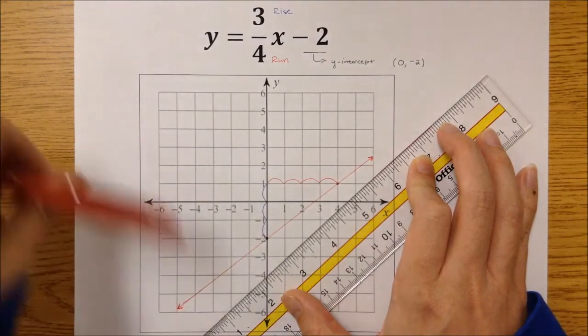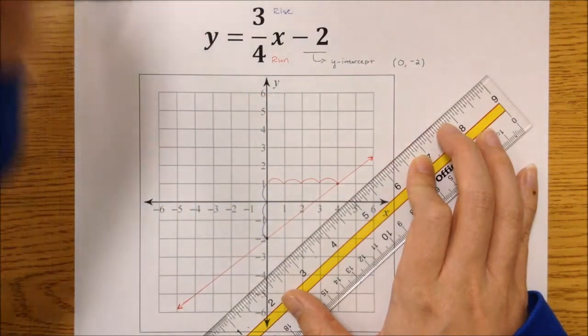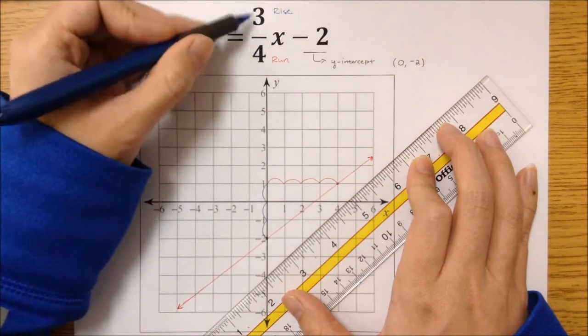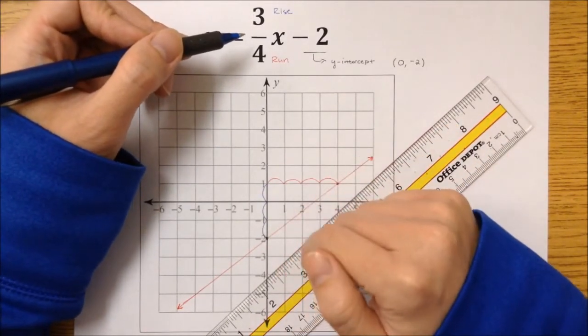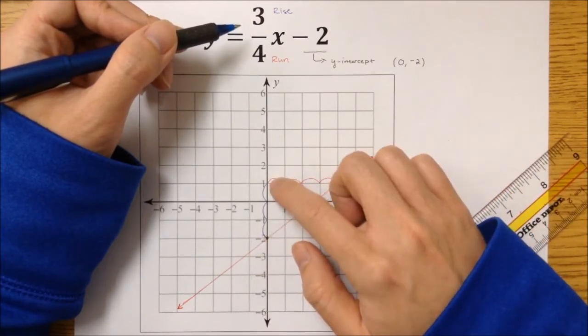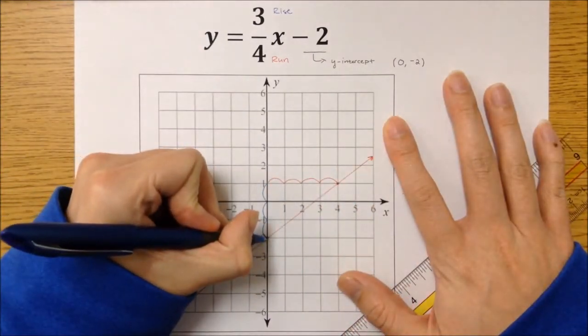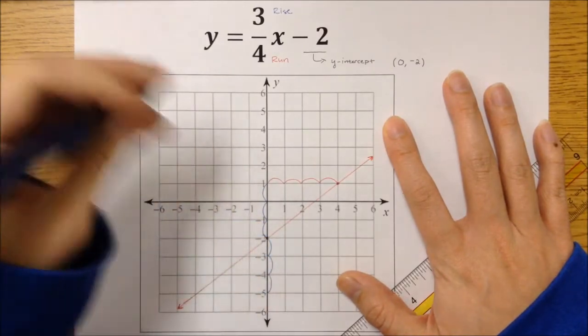Now, if I had to go backwards, if I didn't have enough space, based on what I have here, this is a positive 3 over 4. Backwards means going opposite of what I did here. So if I went up 3, I'm going to go down 3. 1, 2, 3.